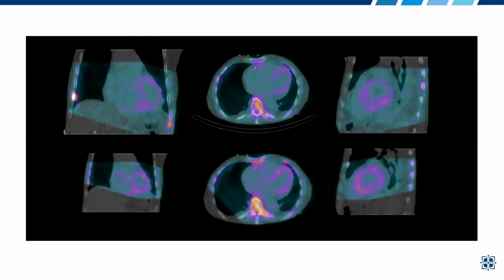But many times you'll have just a hot rib fracture, or you'll have an area where you've got some problems. And it's just very important that you don't draw your ROI so that it encompasses that, because it can falsely elevate or underestimate your ratio there.